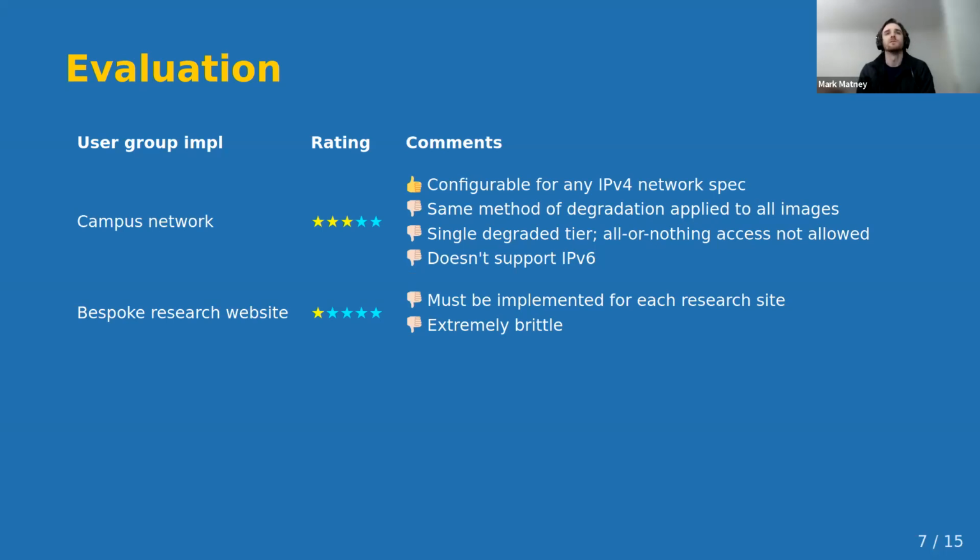And then there's no way to have multiple tiers or multiple reduction ratios conditioned upon which image is being viewed or requested. So all images would be degraded by the same scale factor.